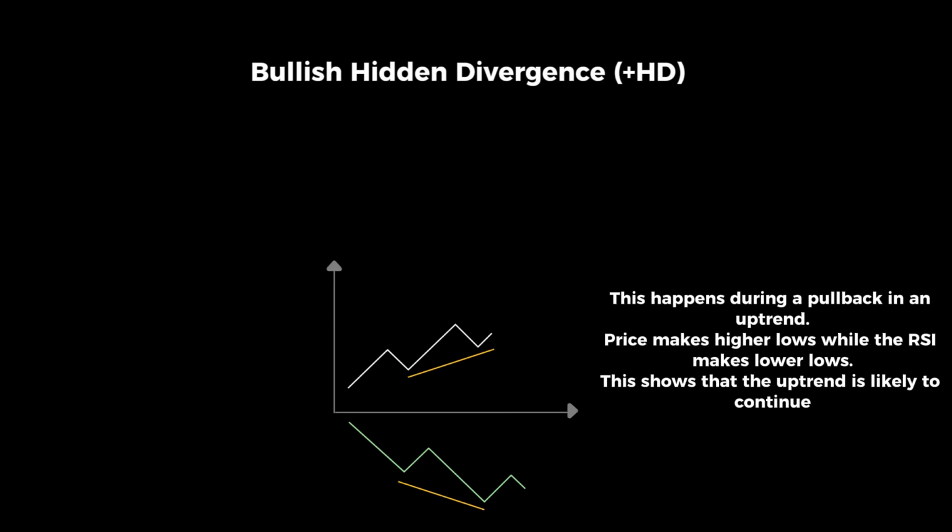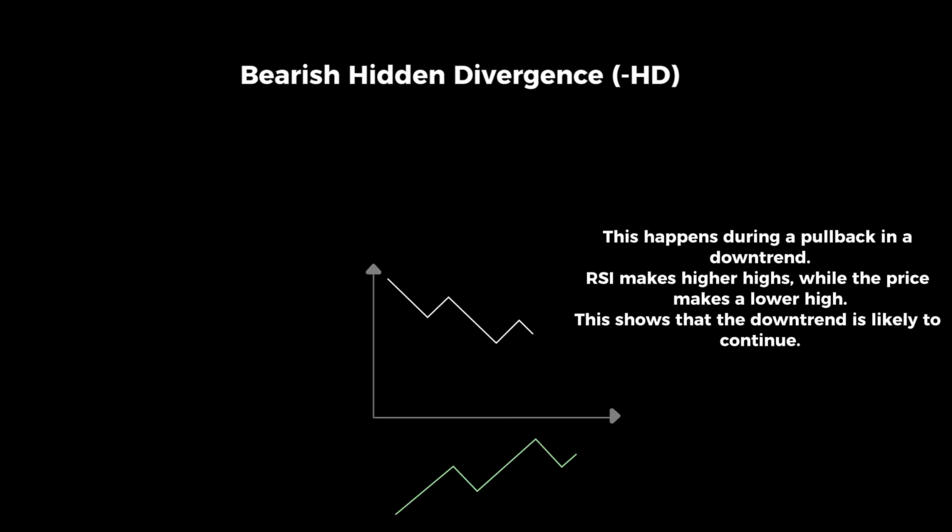Price makes higher lows while the RSI makes lower lows. This shows that the uptrend is likely to continue. 2. Bearish hidden divergence. This happens during a pullback in a downtrend. RSI makes higher highs while the price makes a lower high. This shows that the downtrend is likely to continue.